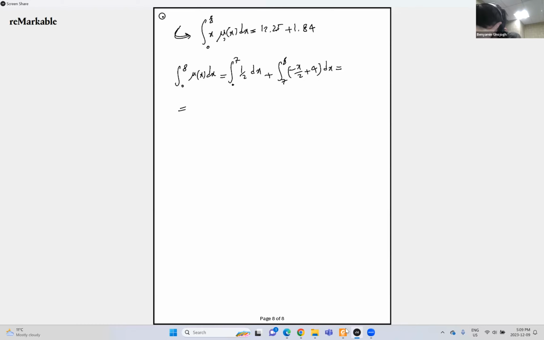So it will be 1 over 2x plus minus half x squared over 2 and plus 4x between 7 and 8.